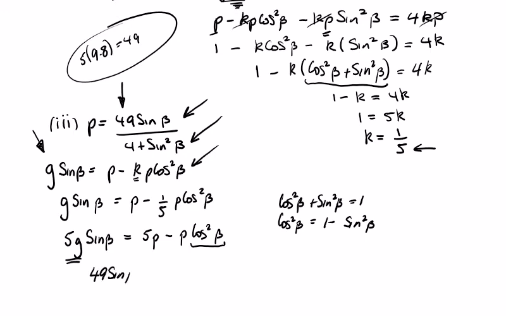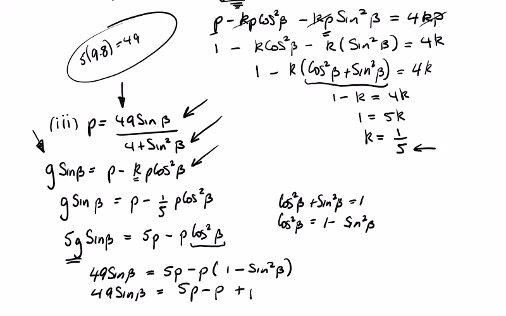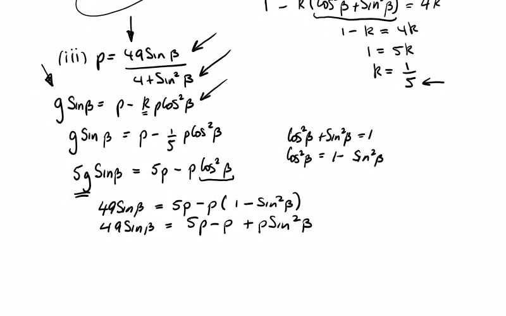49 sine beta is equal to 5p minus p times 1 minus sine squared beta. And if we multiply out this bracket, we're going to get 5p minus p plus p sine squared beta. So we need to isolate the p.